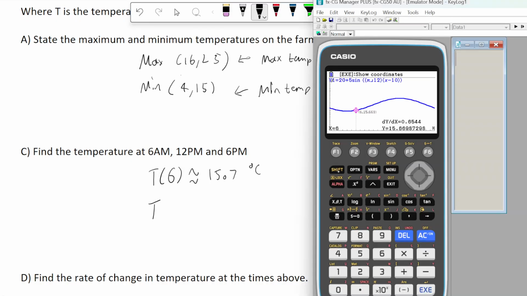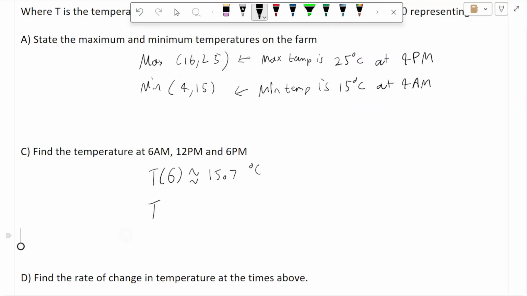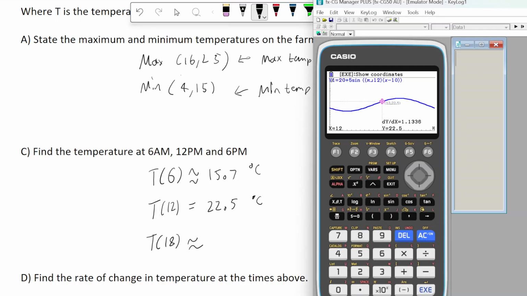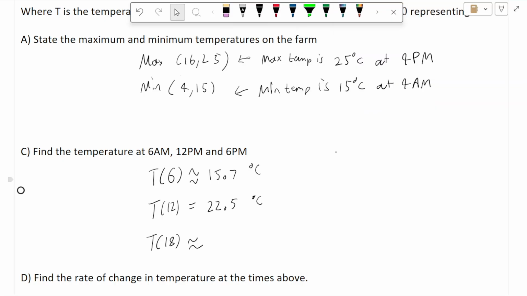T of 12, so shift trace, and then it's going to be 12, 22.5. Now it's going to be a strict equal sign because we haven't rounded it at all. And T of 18 is going to roughly equal, let's see, shift trace, and then we're going to go 18, 24.3.